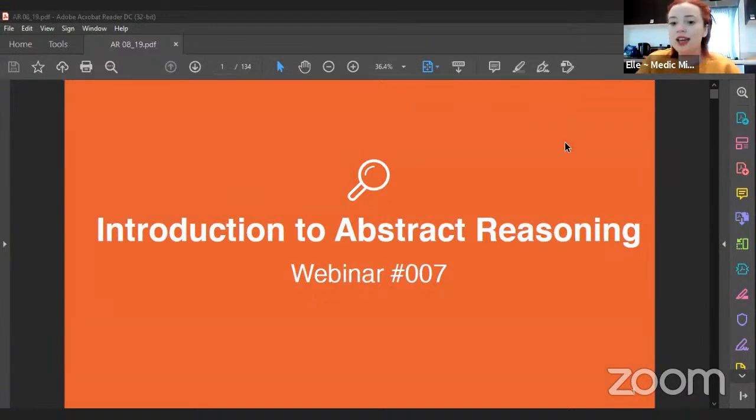So the whole aim today is to introduce you to the types of questions you might face, to go through some warm-up questions, and to go through an acronym that we use to understand these kinds of questions. And then we'll mainly focus on going through the number type of questions, which hopefully will make more sense later.